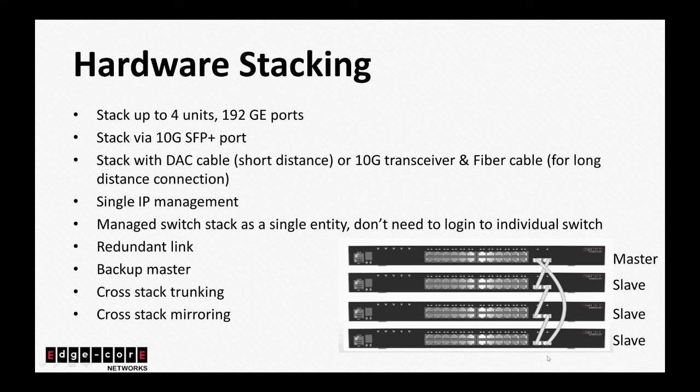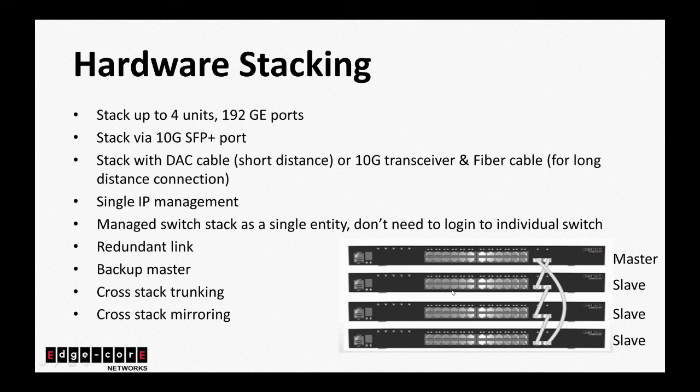So if one of the links fails, the switches can still talk to each other. In a hardware stack, we have a master unit, and the others will be slave units. If the master unit fails, we have a backup master function. So the slave can take over the master role and make sure that the switch stack still operates normally.